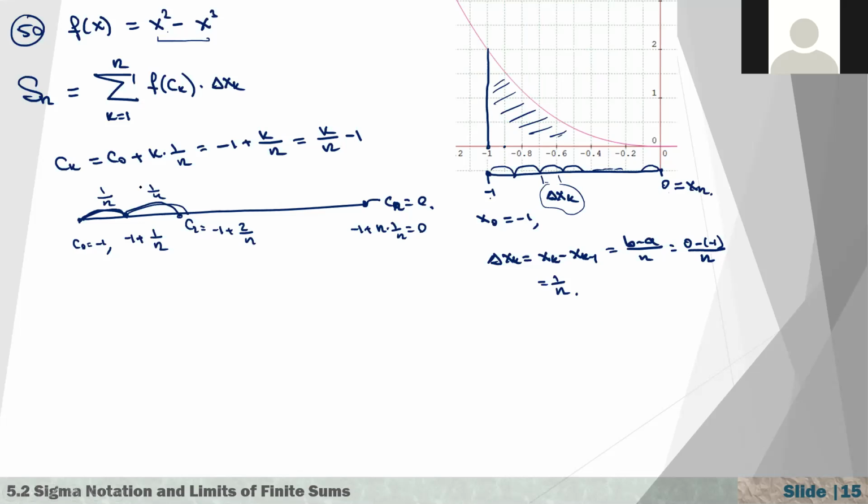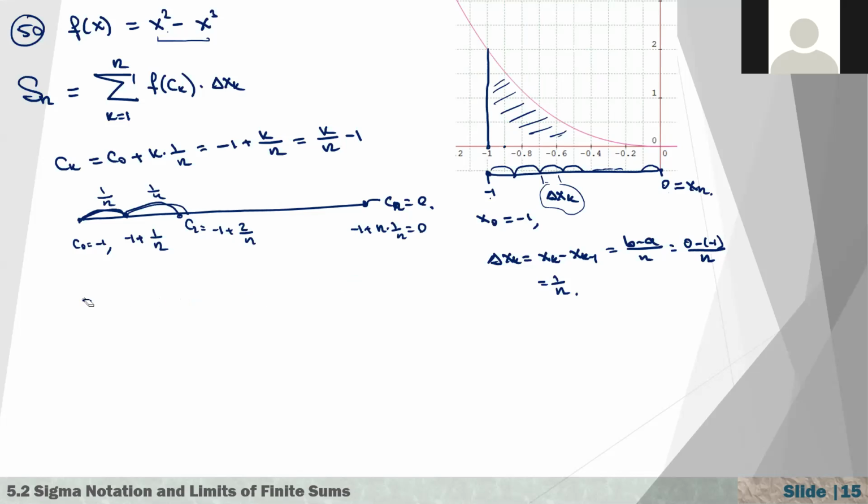When k is equal to n, c sub n is equal to negative 1 plus n times 1 over n. Okay, that's correct. For example, f of c_n: it is c sub 0 plus n times 1 over n, with c sub 0 equal to negative 1, that's equal to 0. Okay. Anyway, that's how we are forming this.